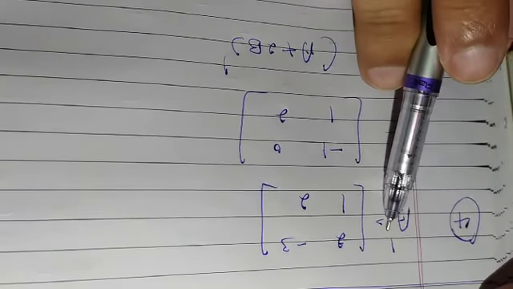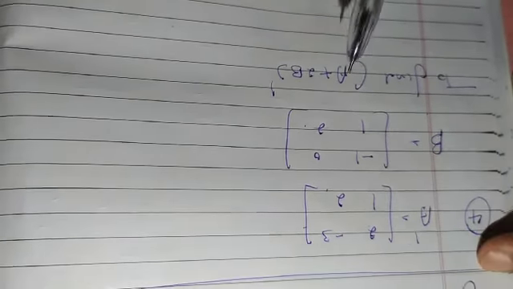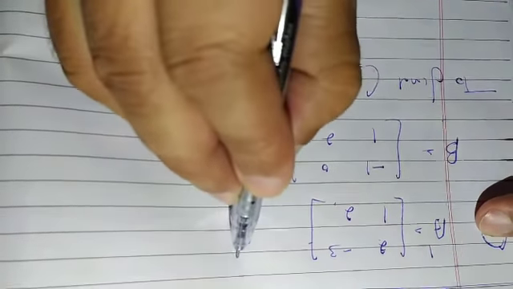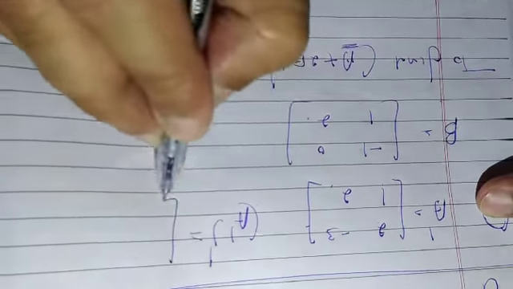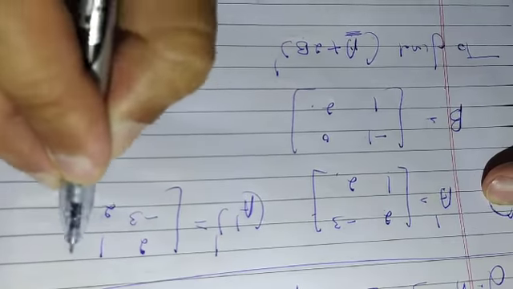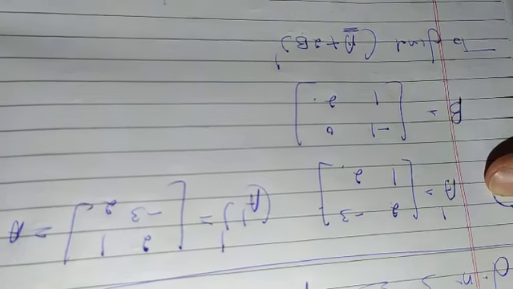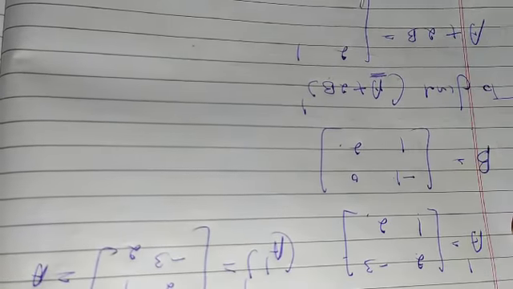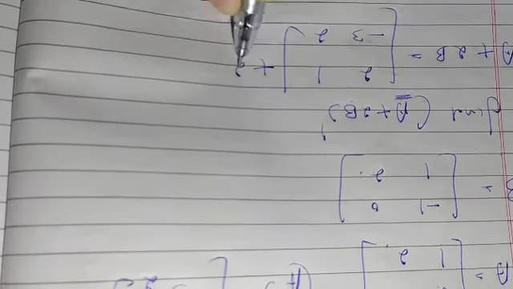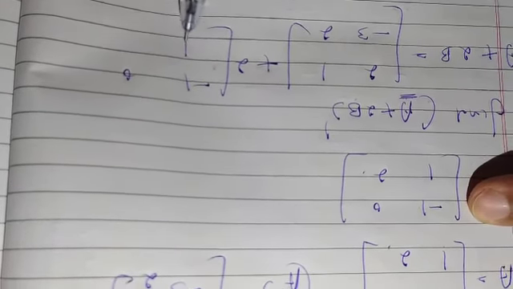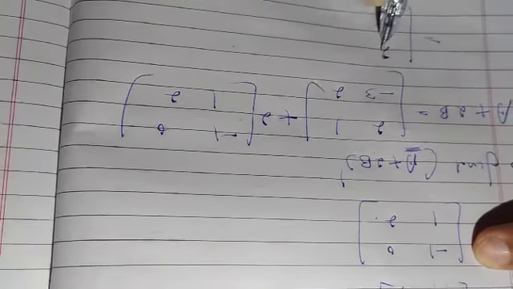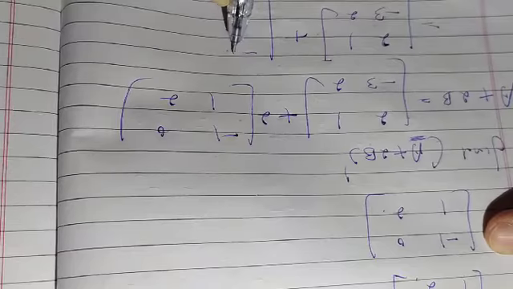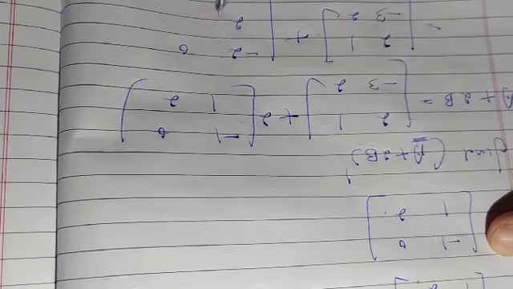Fourth question. A transpose is 2, minus 3, 1, 2, and B is given. We have to find A plus 2B transpose. Where A is found, A transpose is equal to A: transpose of this 2, minus 3, 1, 2. This is A. Now A plus 2B. 2B is minus 1, 0, 1, 2 multiplied by 2, giving minus 2, 0, 2, 4.